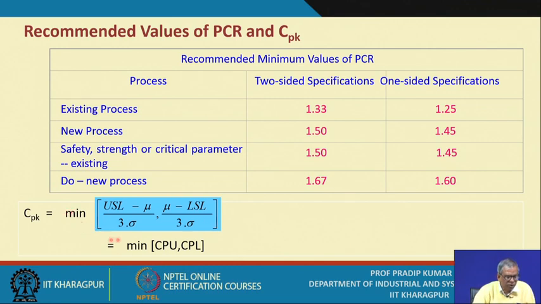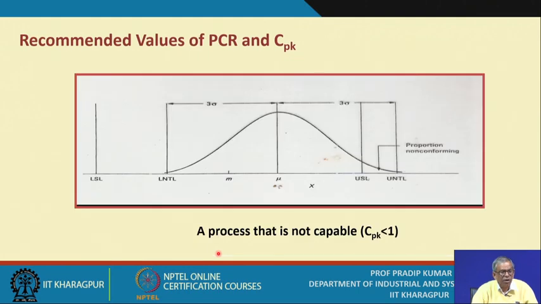Now, we have already mentioned Cpk. So, you just refer to what Cpk is, that is the minimum of CPU and CPL. Now, the recommended values and a process that is not capable. If you look at this diagram, why am I saying that this process is not capable? Here you find that LSL is here, USL is here, and any value above USL or less than LSL, is it okay?